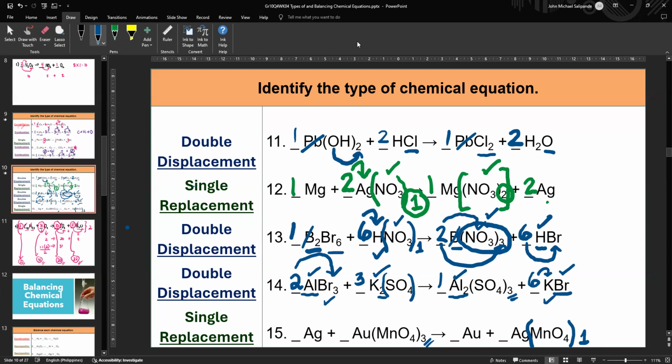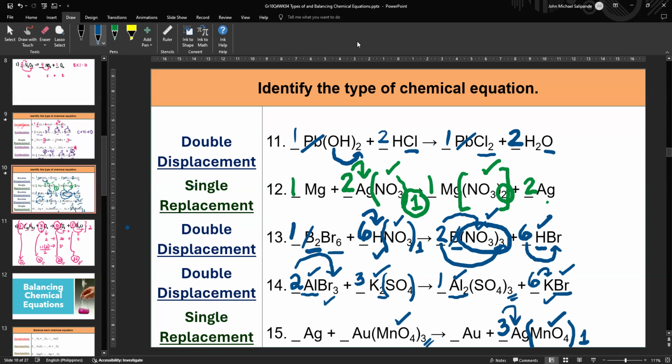So for the permanganate in the product side to become 3 groups as well, we have to multiply AgMnO4 by 3. Balancing permanganate. And lastly, because you put 3 in AgMnO4, Ag will now be affected. So now we have 3 times 1 silver atoms.